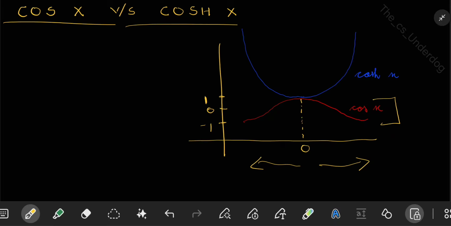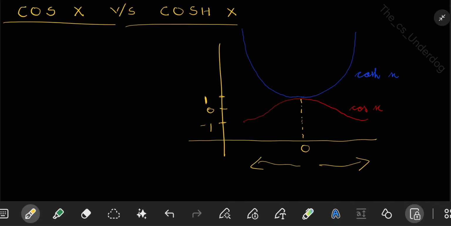But in the case of cos x, it can be negative or positive because it takes values from -1 to 1. Even if you give cosh a negative value, the output will be positive. It is increasing. It is somewhat like a hyperbola, but it is growing faster than a hyperbola. So that is cosh(x).